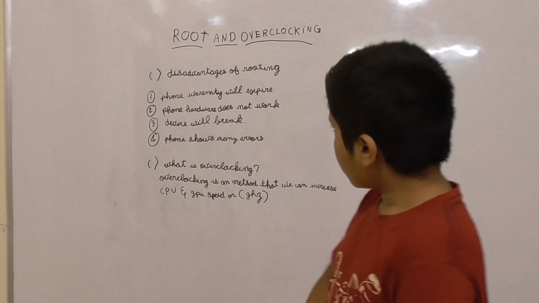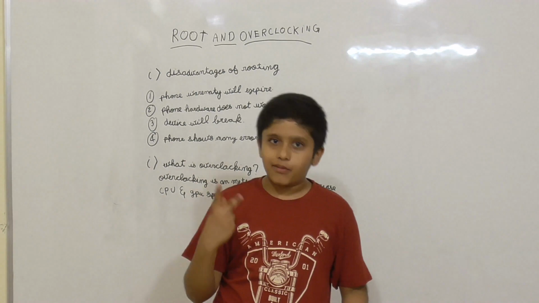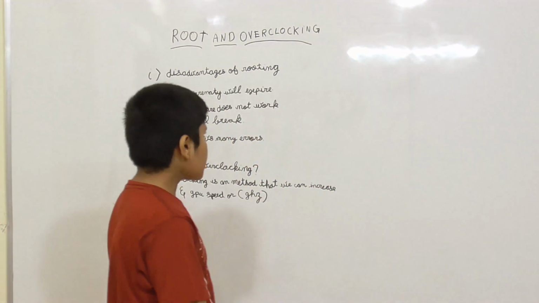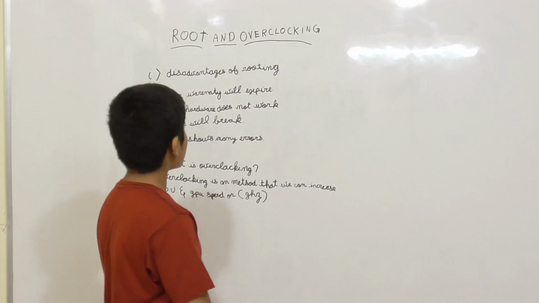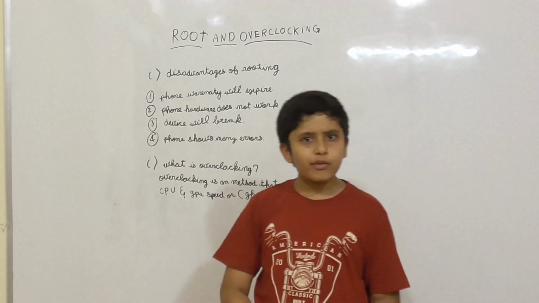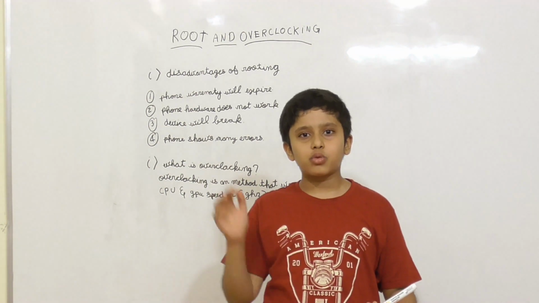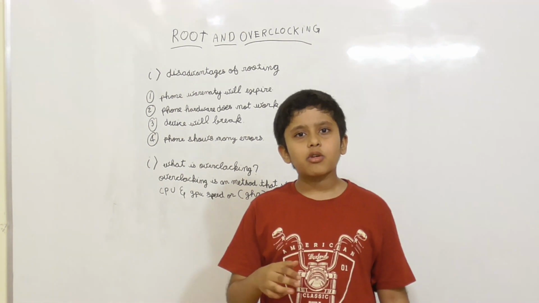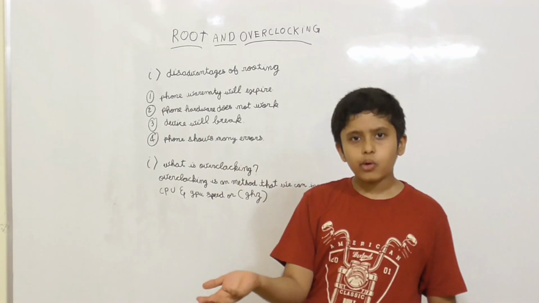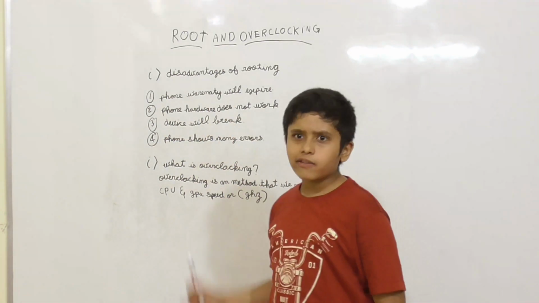Okay. So now let's learn the disadvantages of rooting. Wow, there are advantages of rooting and disadvantages of rooting. Oh no. So what is the disadvantage of rooting? Phone warranty will expire. So if you got a new Android smartphone but its processor speed is too low, and you root your new Android device, your phone warranty will expire.